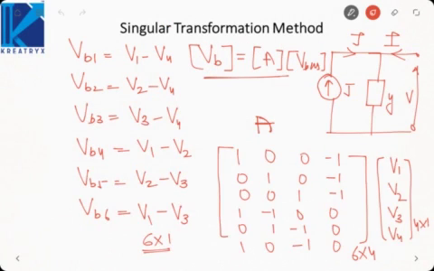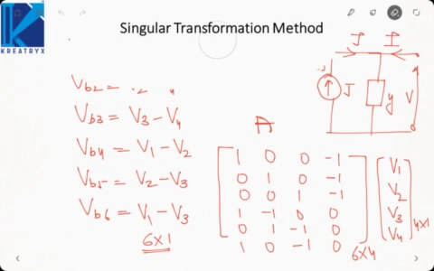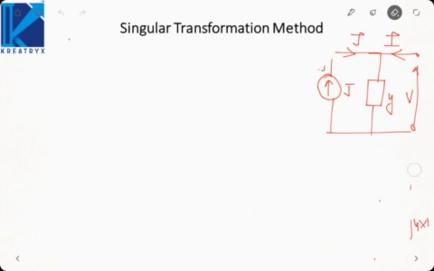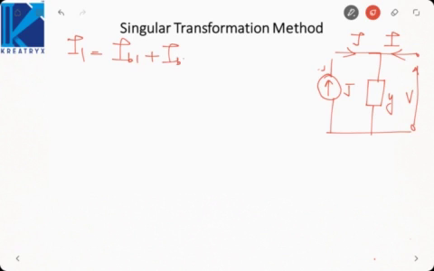So let me form such kind of equations. First is, what is bus current at 1? IB1 plus IB4 plus IB6, because all branches were outgoing.